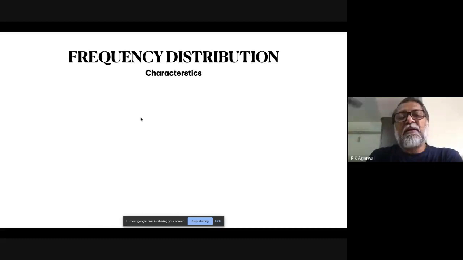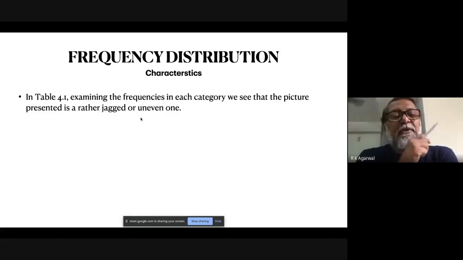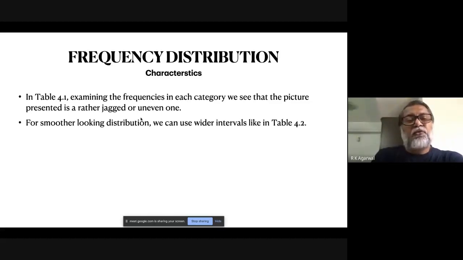And then whatever we have discussed so far can be summarized in this way. In table 4.1, examining the frequencies in each category, we see that the picture presented is rather jagged or uneven. We have already discussed this. For a smoother looking distribution, we can use wider intervals like in table 4.2.